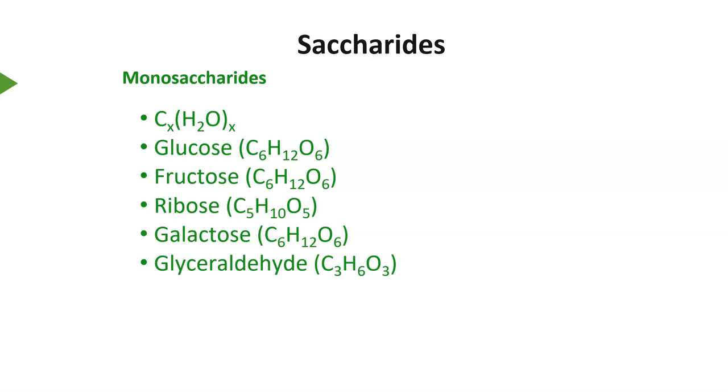But there are different subunits of those monomers, and some of those are shown here. The general organization of these is C, a number of carbons, and then a water group. That's actually why they got named carbohydrates. This is the carbon, the carbo, and this is the hydrate.